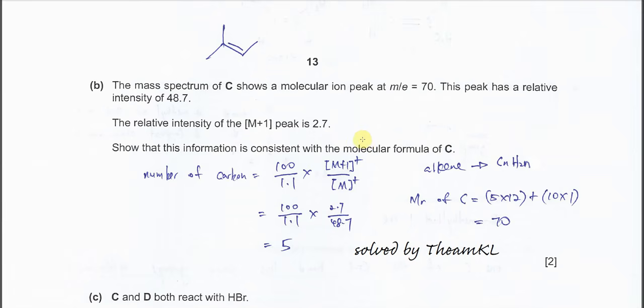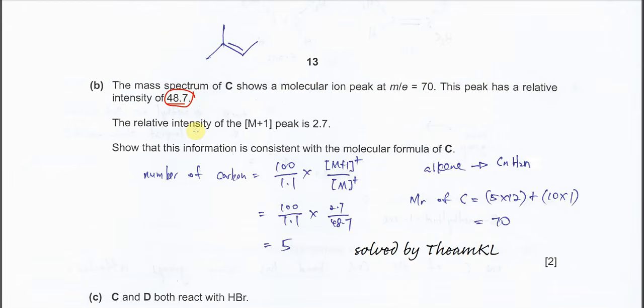B. The mass spectrum of C shows a molecular ion peak at m/e equal to 70. This peak has a relative intensity of 48.7. Now the M peak has this relative intensity, and we have to use this for the calculation.